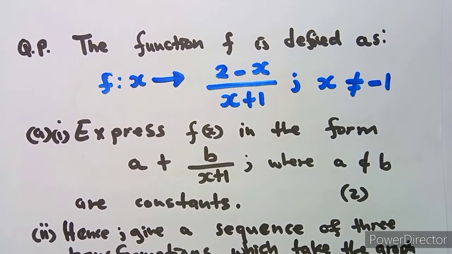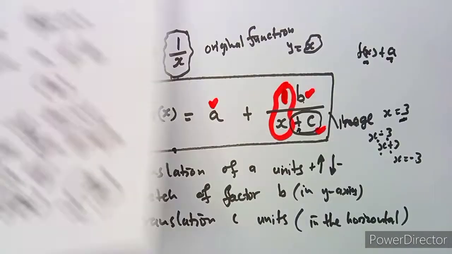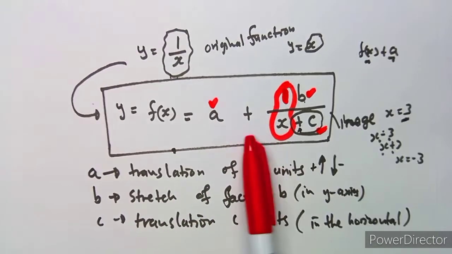This is the type of equation that you'll be given. The function f is defined by f of x equals 2 minus x over x plus 1, where x is not equal to minus 1. From this function, express f of x in this form. Now, as you can see, this format here is the format that we have got here.